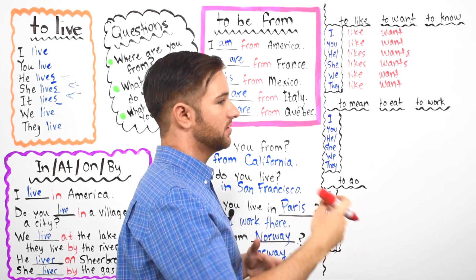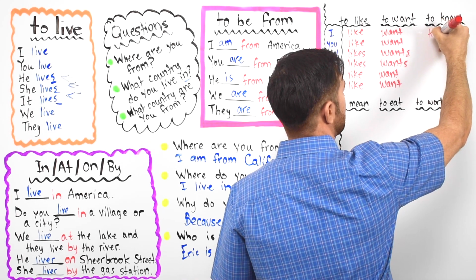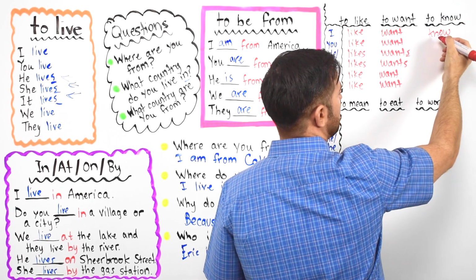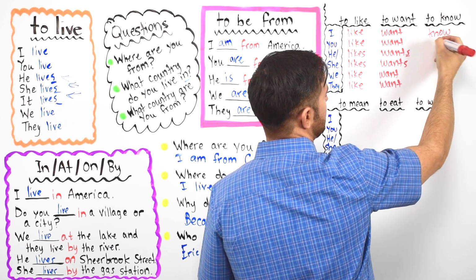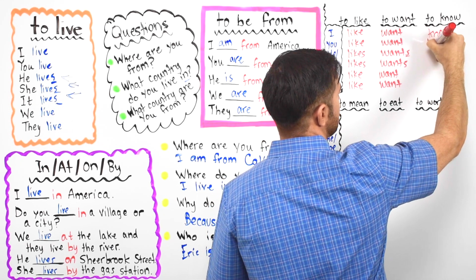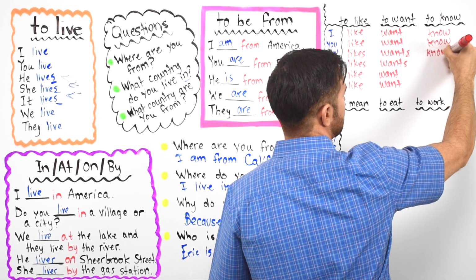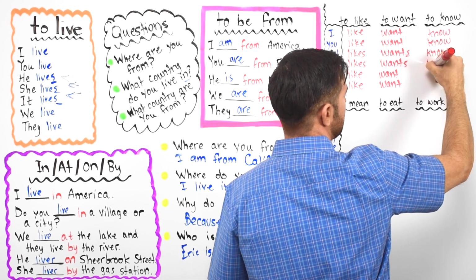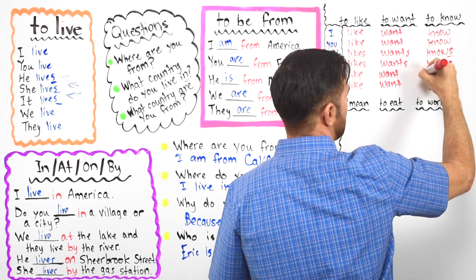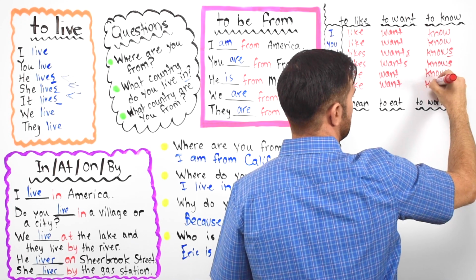I know how to do this, I know how to do that. So we're going to say I know, K-N-O-W, to know. You know, same, K-N-O-W. He knows, with an S. She knows. We know. And they know.